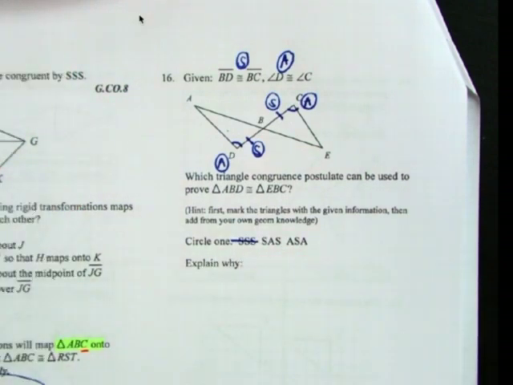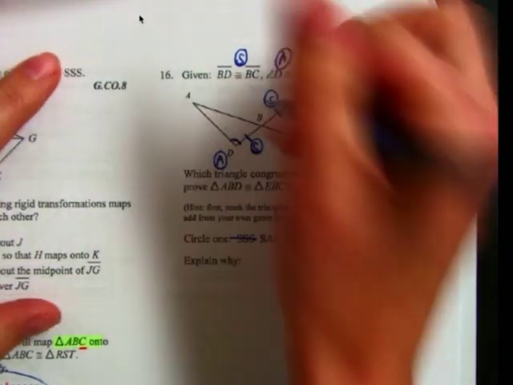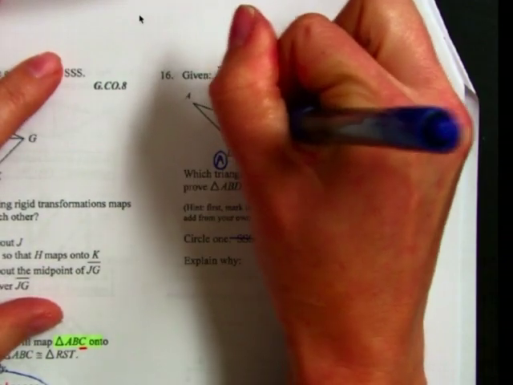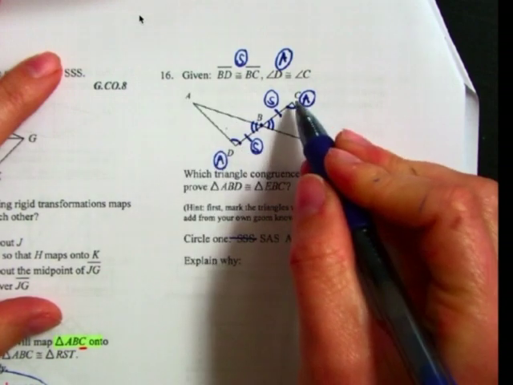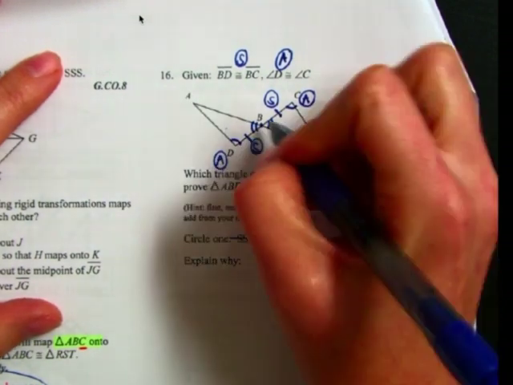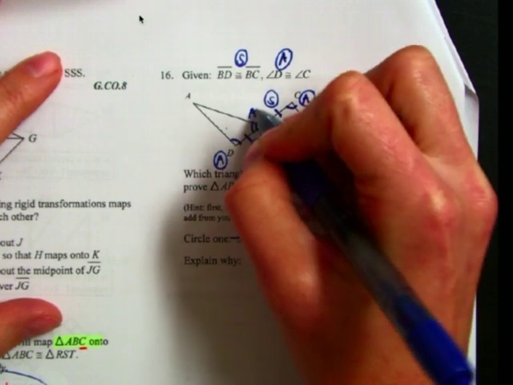You have to be able to look at these 2 triangles sharing point B and know that by vertical angles, angle ABD is congruent to angle CBE. So we're using ASA.